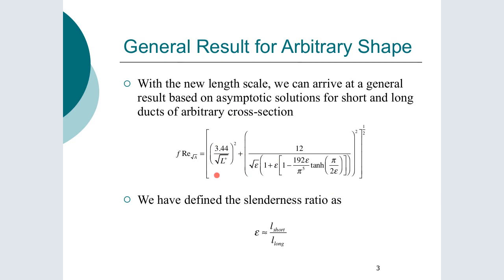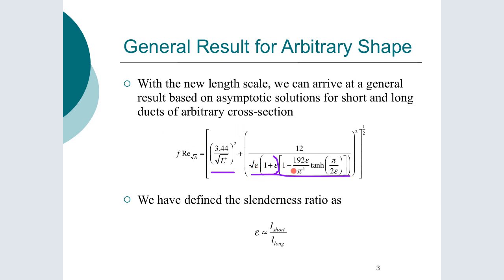That this term here is linked to the entrance region, to the developing aspect of the flow, and that this term here, and again, note the correction there on the bracket, corresponds to the fully developed region. And that we're using the square root of the cross-sectional area as the appropriate length scale for this, and this is for any arbitrary shaped cross-section.